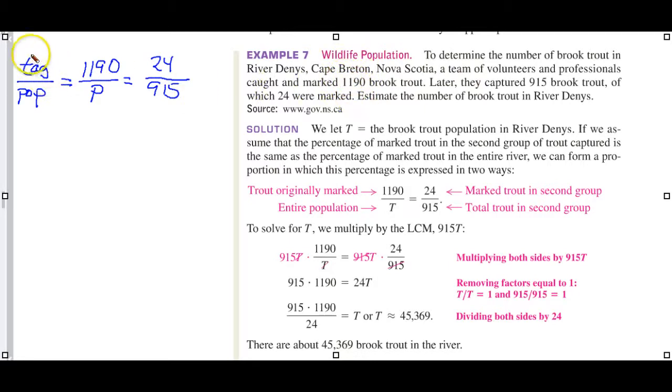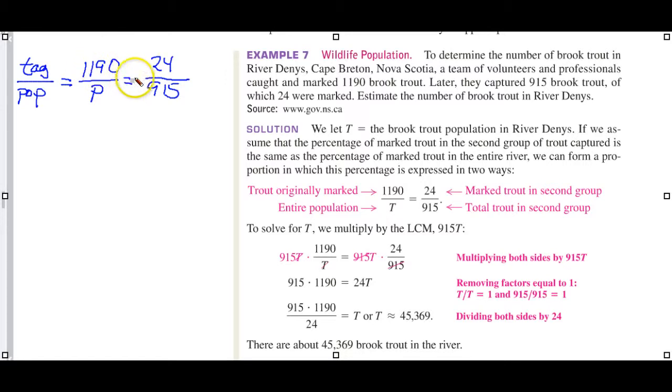So again, you're going to have your ratio of tagged to total population. So you went out one day and you caught this many trout and tagged them. Did you tag the whole population? No. So this is the whole population. You tagged this many of them.